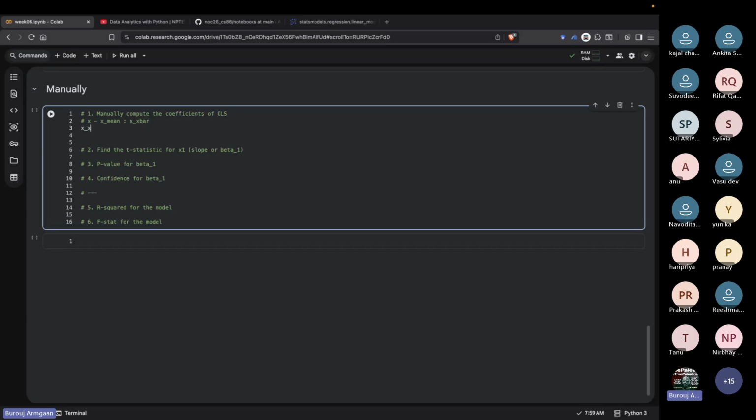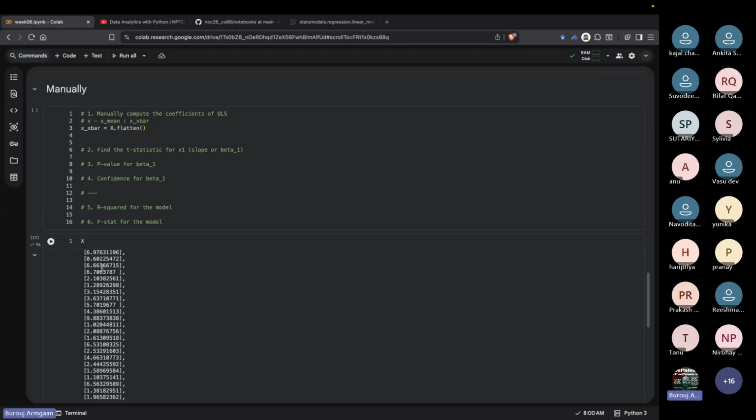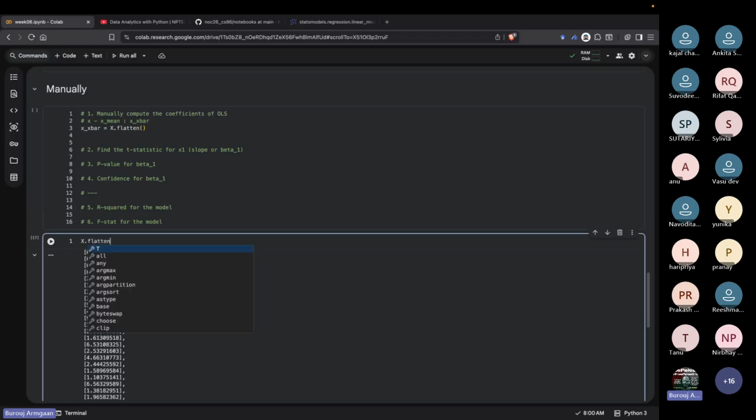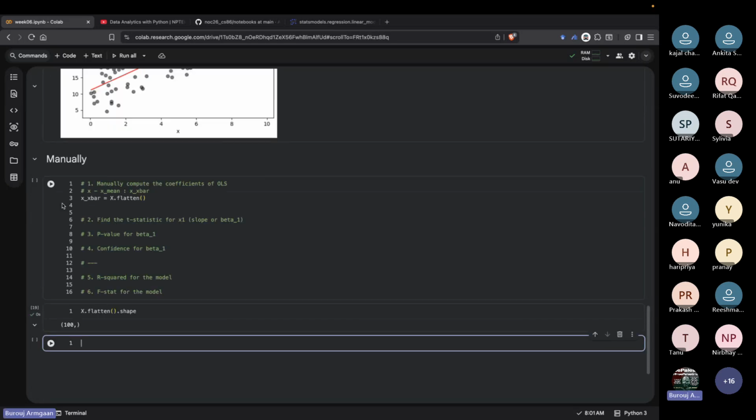So we can say that x minus x bar is equal to, you could also write the full thing, it's just longer, our x value flattened. By the way, we flatten because our x is a 2D array, n cross 1. We would rather have a flattened array, which is a 1D array. If you print the shape, it's just 100. It's a single list.